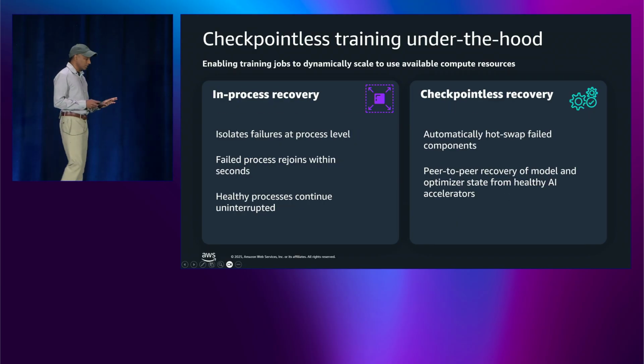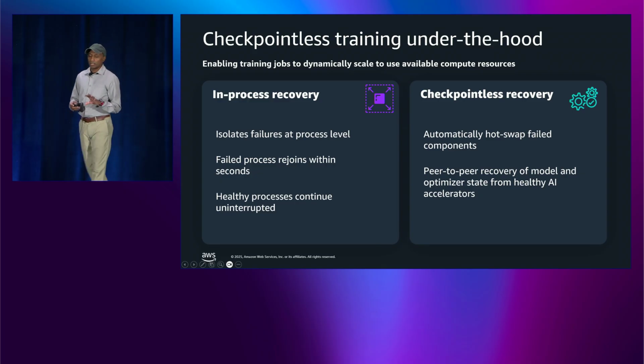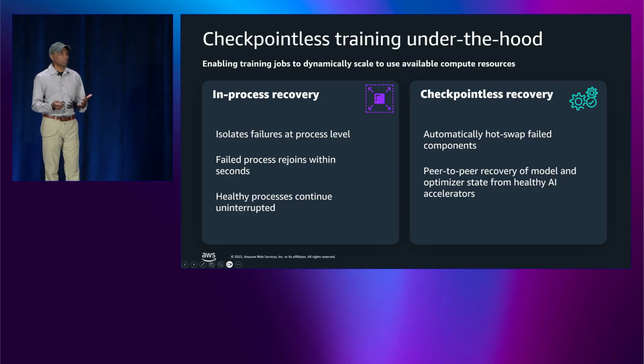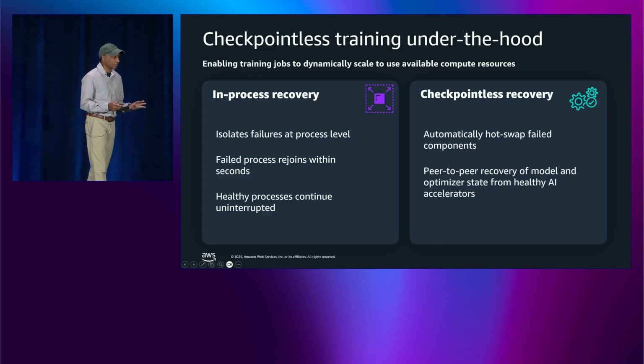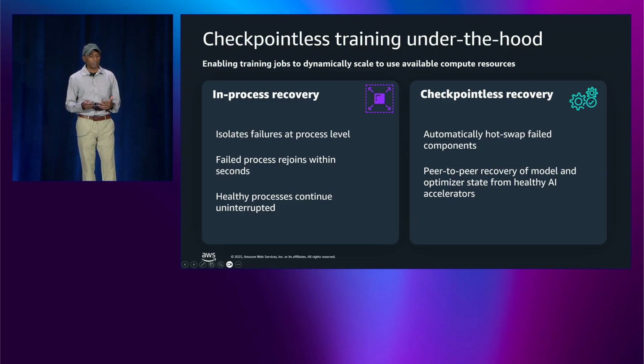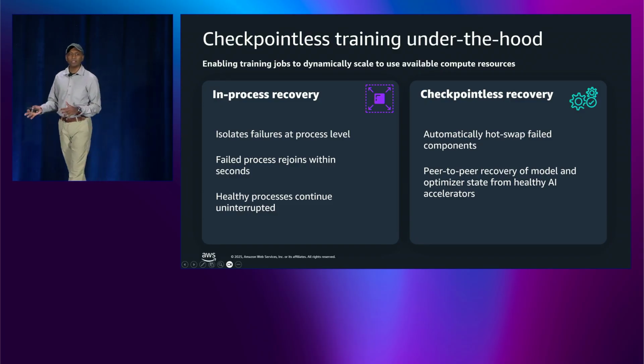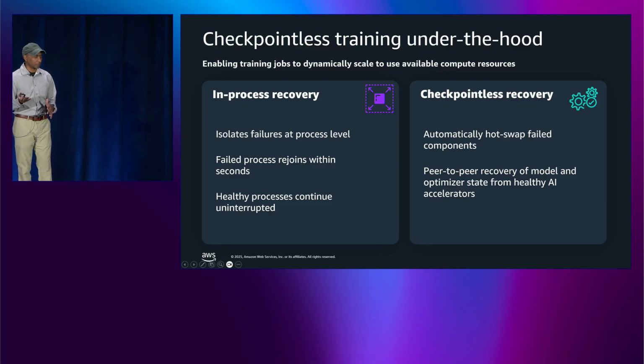The third innovation is the in-process recovery. In traditional distributed systems, as we talked about, there are many processes and many nodes which are collectively running together. And the current failure recovery mechanisms require you to terminate the whole job and restart it, meaning all the processes are terminated and all their state is lost, and the new processes are kicked off, and then they need to rehydrate their state.